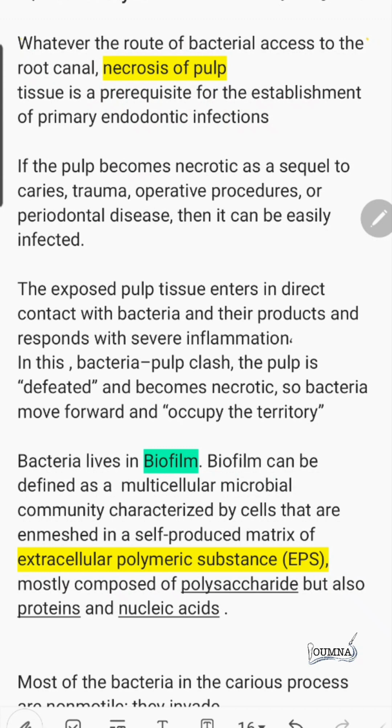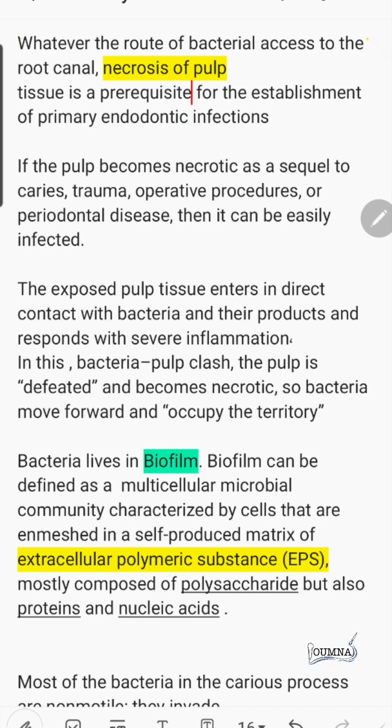Whatever the route of bacterial access to the root canal, necrosis of pulp tissue is a prerequisite for the establishment of primary endodontic infections. If the pulp becomes necrotic as a sequel to caries, trauma, operative procedures, or periodontal disease, then it can be easily infected.